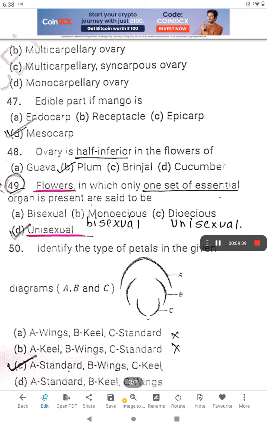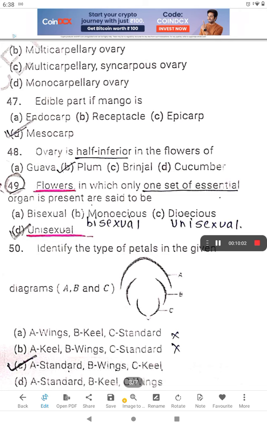dioecious is also the right answer for this question, but if they had asked about the plant in which one set of essential organ is present, see, dioecious is the term related to the whole plant. Monoecious is also a term related to the whole plant, but if we consider a particular flower of that plant, then we have to use the term unisexual or bisexual.